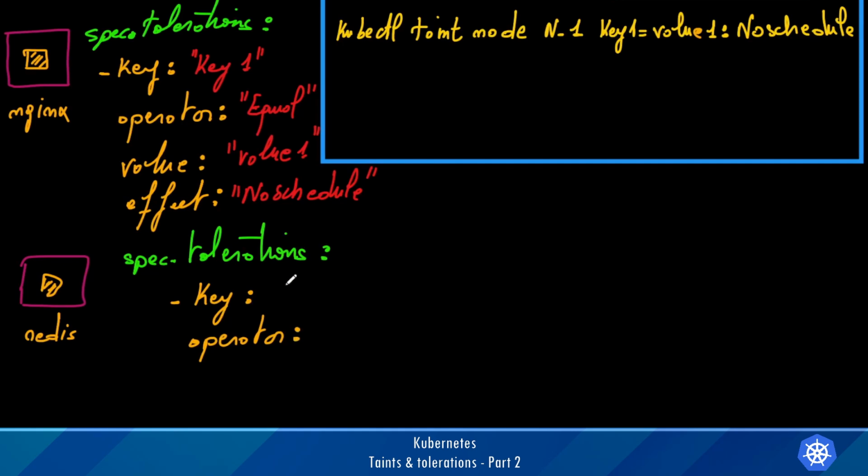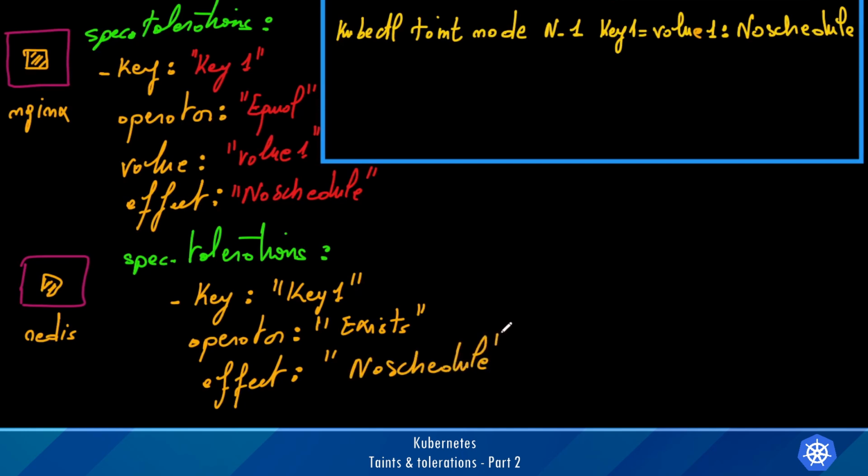We have to mention the key of the taint and the operator. For the key, we will mention the same key of the taint, which is key1. For the operator, we will use the operator Exists. And what we have to know here is that when we use the operator Exists, the value is not required. So we didn't have to mention the value here. We just have to add the effect, which is NoSchedule, as we want to tolerate this taint.